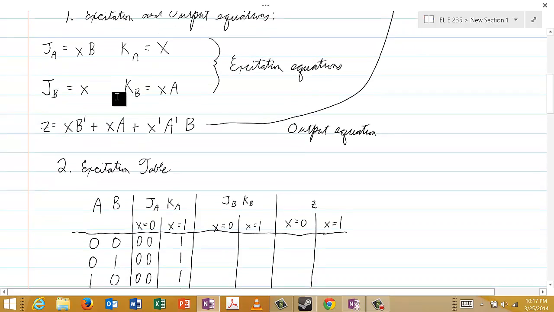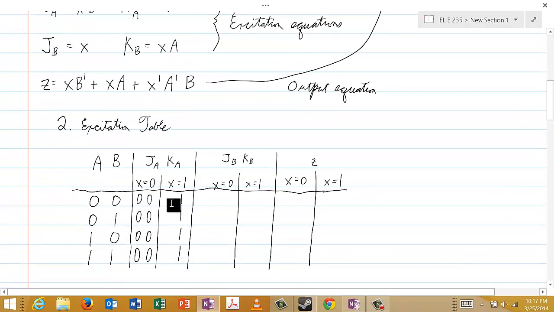So in this column we have that JA is equal to B. And so in the first row it's 0, and then 1, and then 0 and 1. So these are the values of JA and KA for all of the possible states and for all the possible inputs.